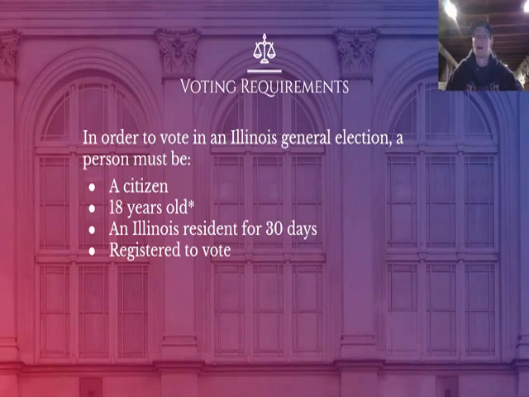So in the case today, I did have a few high school students that were currently 17 that were able to register and vote today without restrictions because they were going to be 18 by the time November comes around. All right, so just one of those special circumstances that allows for these kind of opportunities.